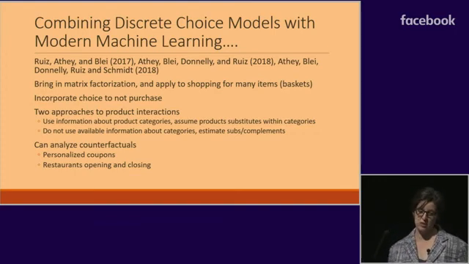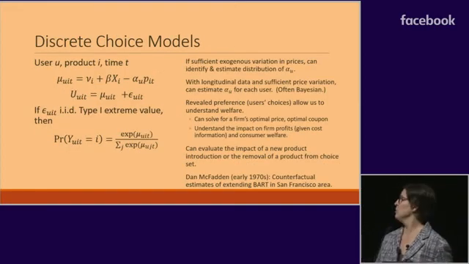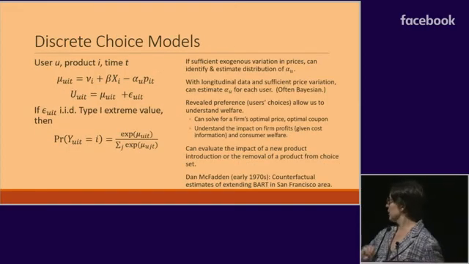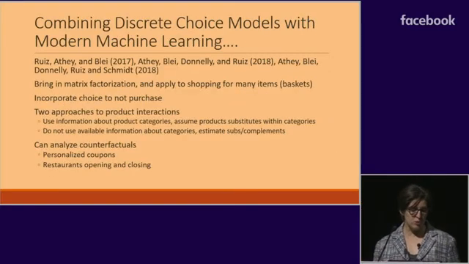And for each of these, we do a couple of things. We first bring into this very simple model matrix factorization. So we look at lots of products, and instead of trying to estimate for each product what its utility is, we use matrix factorization techniques to improve efficiency. We're also going to use modern computational techniques.